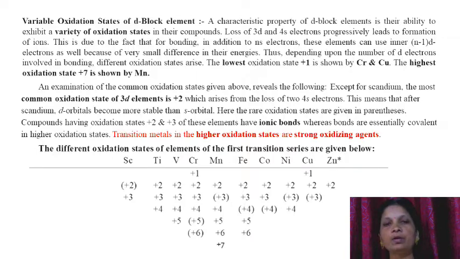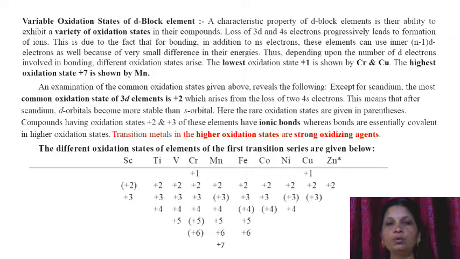Here is the table we can look over. The different oxidation states of elements of the first transition series are given below. We know the 10 elements: Sc, scandium, titanium, vanadium, chromium, manganese, Fe, iron, cobalt, nickel, copper and zinc. We see the lowest oxidation state +1 only for Cr and Cu.